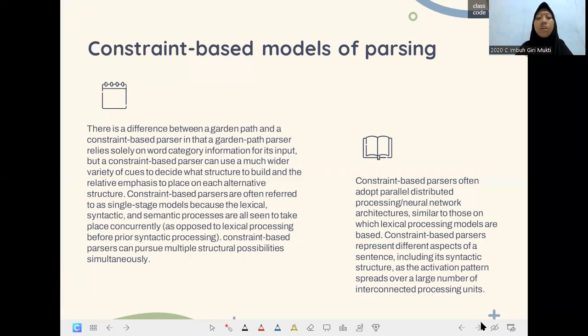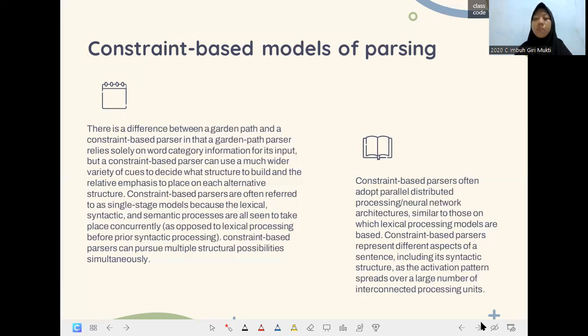Constraint-based parsers are often referred to as single-stage models because the lexical, syntactic, and semantic processes are all seen to take place concurrently, and constraint-based parsers can pursue multiple structural possibilities simultaneously.